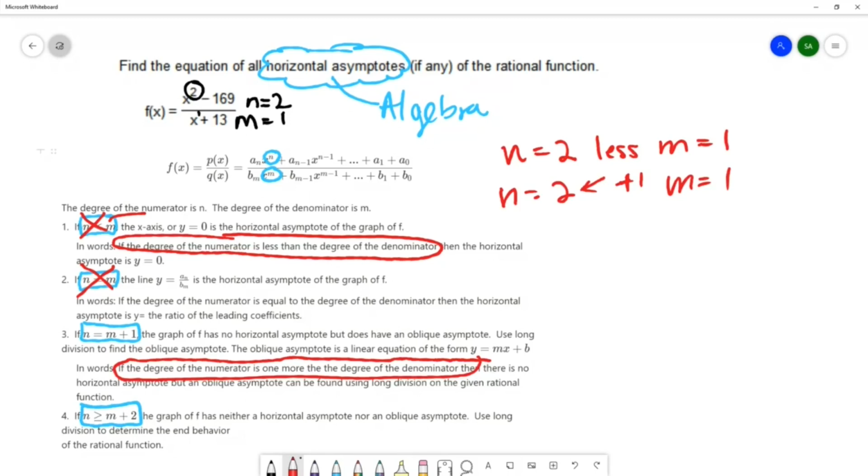The degree of the numerator is 1 bigger than the degree of the denominator. So this one is the one we want to use. So in that case, there is no horizontal asymptote. It does have what we call an oblique asymptote or a slant asymptote, but this question only wants to know about horizontal asymptotes. So on this one, we can say that there is no horizontal asymptote.